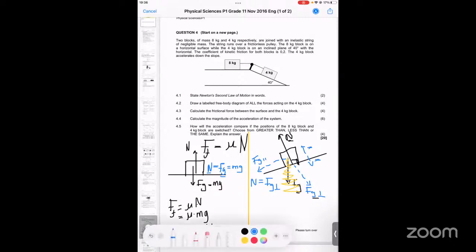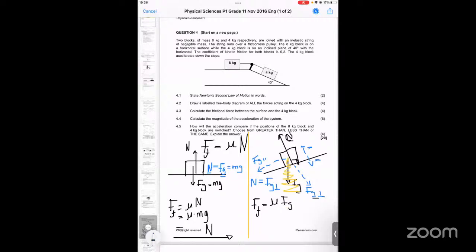So that means in this case, our frictional force will therefore be equal to mu times the normal force. But our normal force, when an object is on an incline, is FG perpendicular.